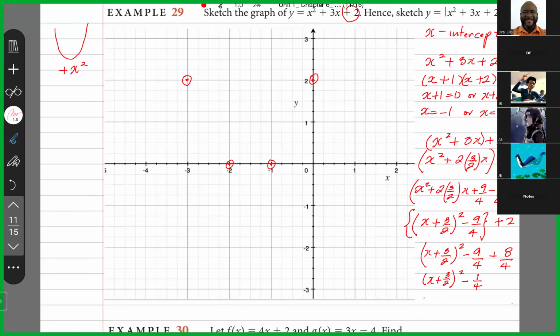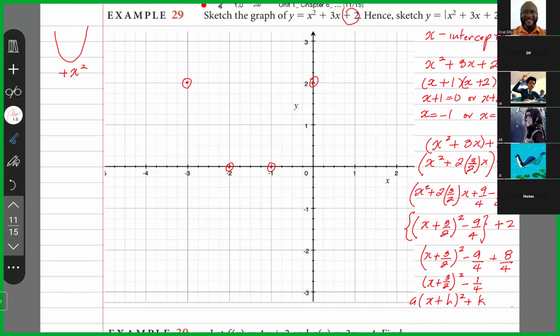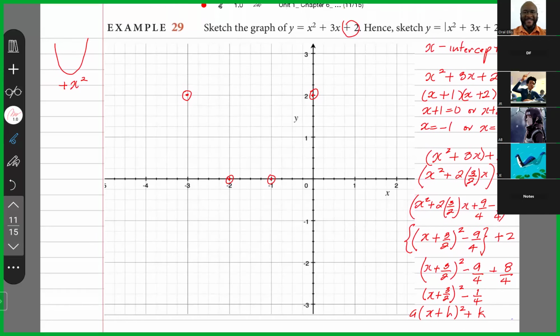Now this is in the form a into x plus h squared plus k. So we can clearly see that h is 3 over 2 and k is minus 1 over 4.